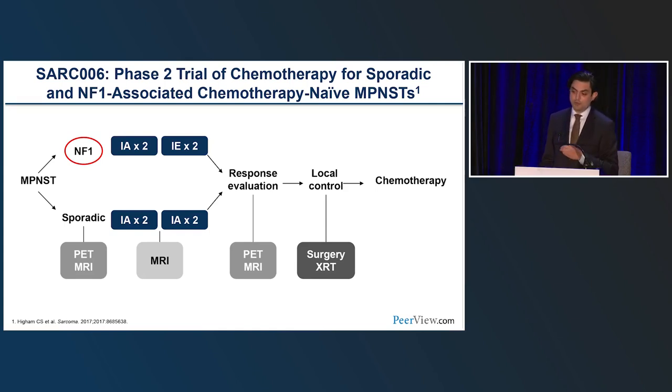So sometimes we will radiate patients before surgery, but typically surgeons prefer to have an intact field and only do post-op radiation. Following the surgery, patients recover and then they typically continue with an additional 4 cycles, following the IA-IE combination.